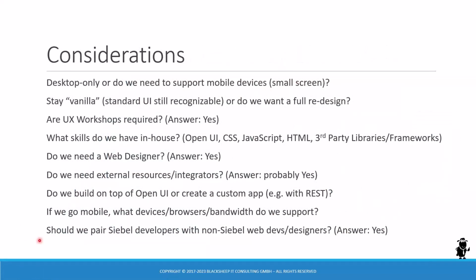So what considerations would you have when you start working with OpenUI and start customizing the UX? So one question would be, do you stay desktop only? So do you have the biggest screen estate possible, large monitors in laptops or offices, large resolution, or do you need to support small screens or both?